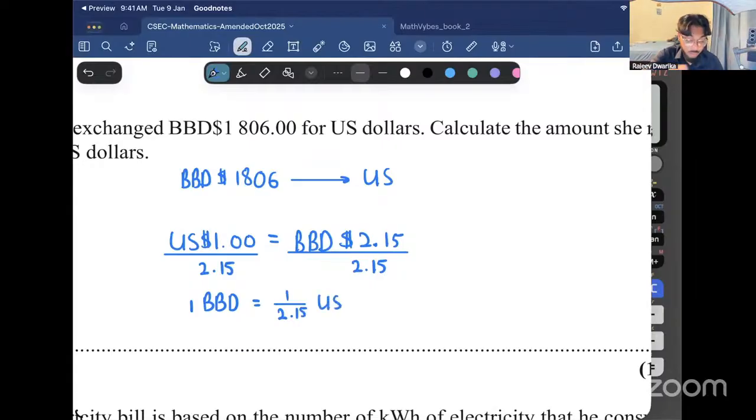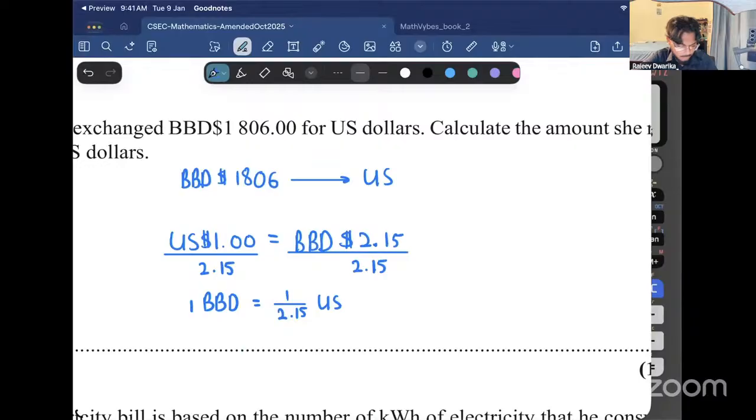And I'm trying to find for 1,806. So then I would do what to both sides here? If I want to find for 1,806, what would I do? Tell me, Carla, you had told me before, if I know what 1 BBD is, how would I find for 1806? We multiply it by 1806.